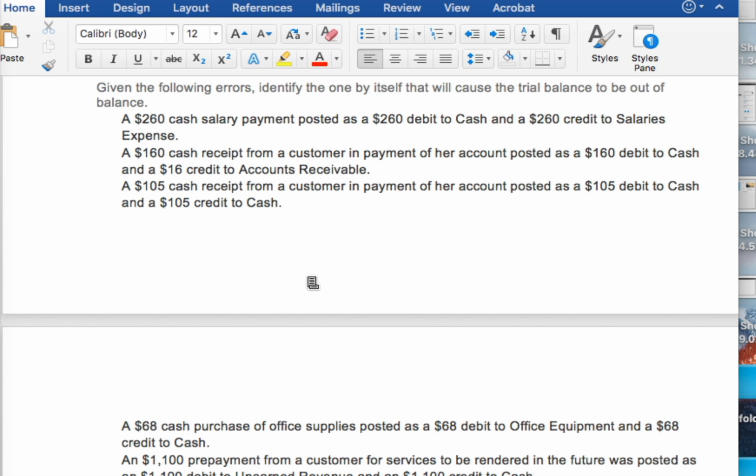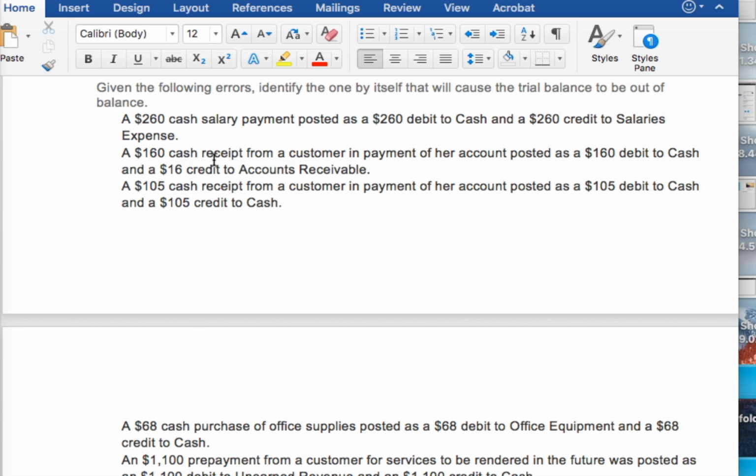So right away, if we're told which one of these is going to cause the trial balance to be out of balance, the only way that happens is if a single transaction does not include equal amounts of debits and credits. So we just look at these and see if any of them do not include an equal number of debits and credits.